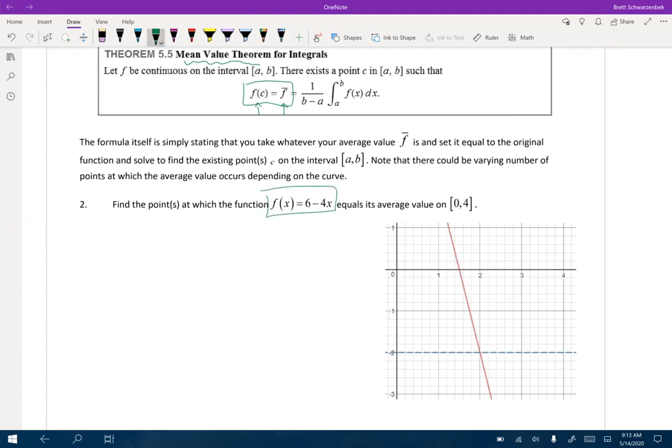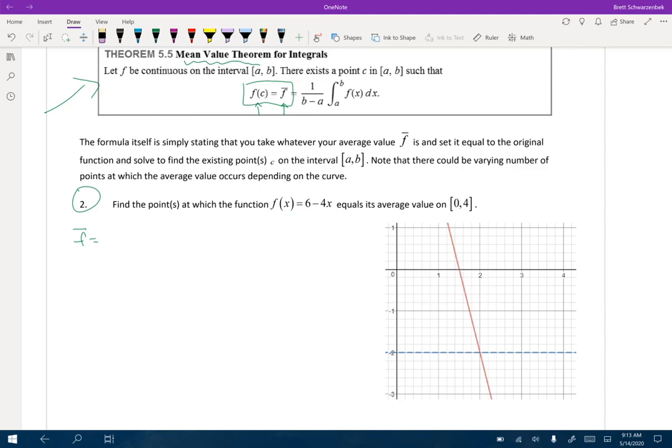That is what this is about, and admittedly, it's very simple, if you understand this, of course. Okay, so let's do that. So suppose we need to find our average value. Now note, this is the question it asks before we get there. It says, find the points at which the function 6 minus 4x equals its average value on 0, 4.